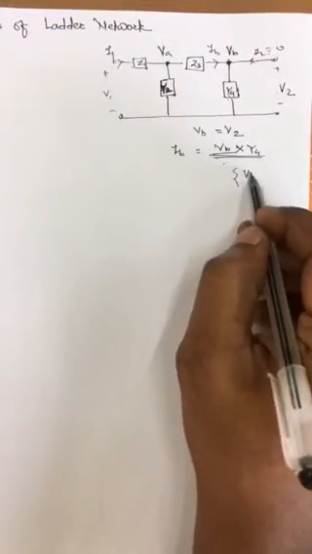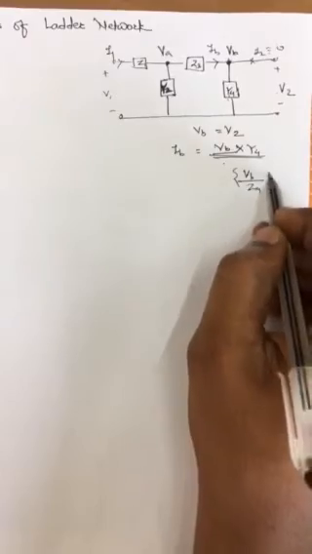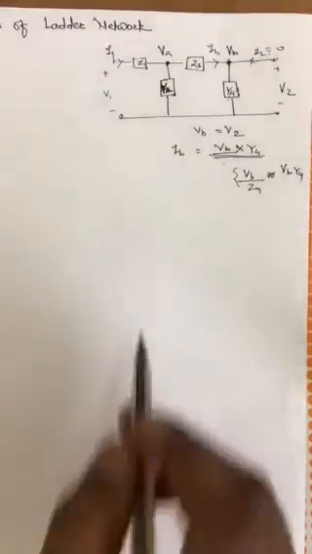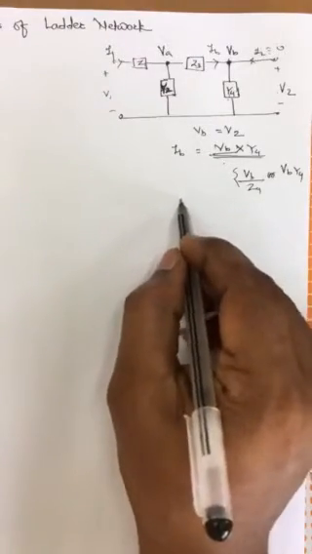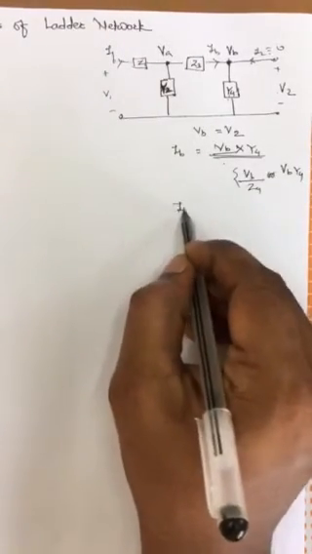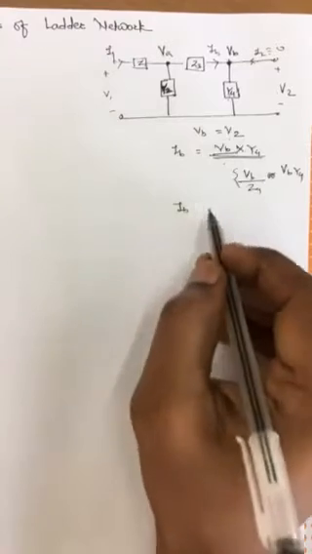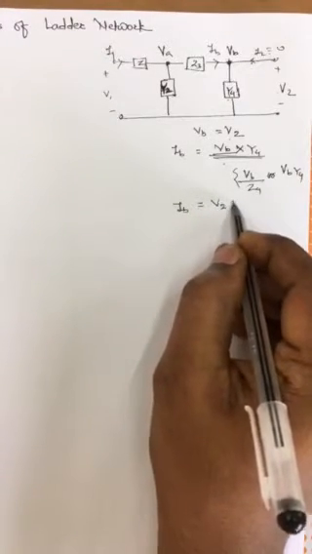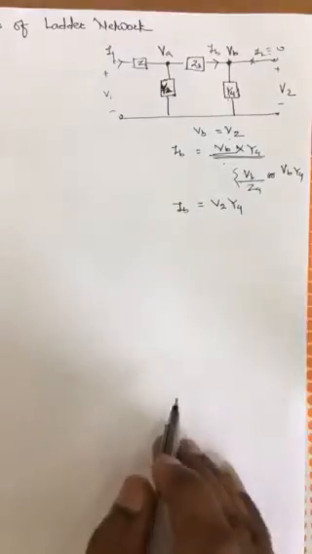Are you getting what I said? Either I can write VB divided by Z4 or VB multiplied by Y4. So IB is nothing but VB Y4, but VB is nothing but V2, so IB equals V2 into Y4.